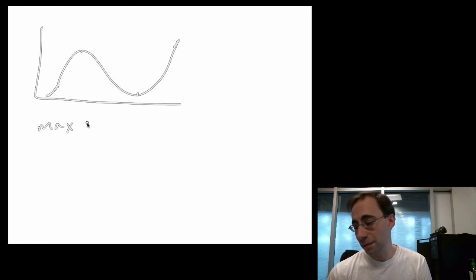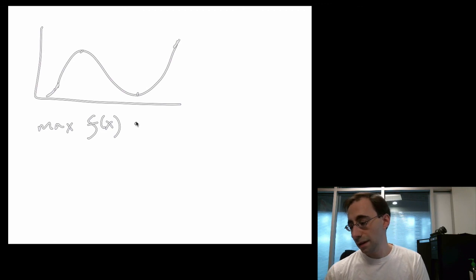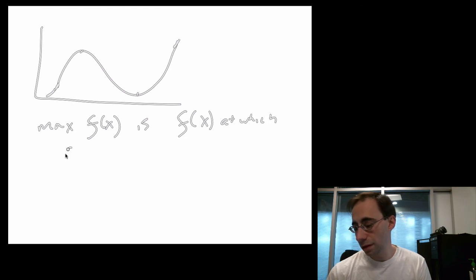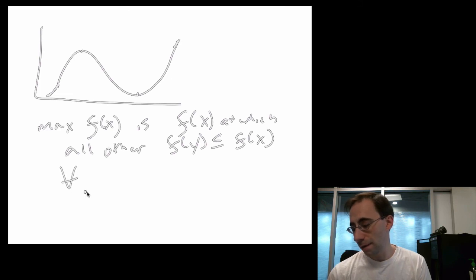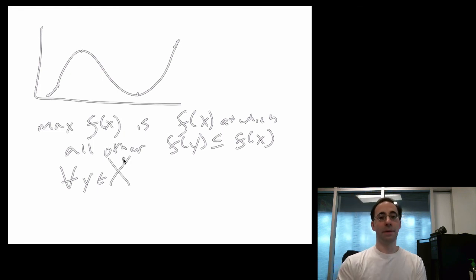Function maximum of f of x is the point at which all other f of y is no bigger than f of x for all y in the domain.